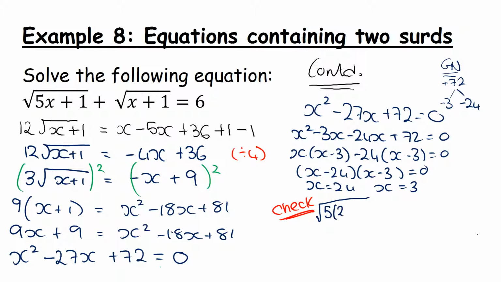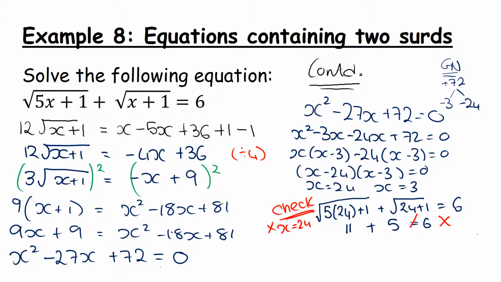So let's sub it in. 24 plus 1 plus the square root of 5 times 24 plus 1, and that should all equal 6. So what I end up with is actually 11 plus 5 equals 6, and that is not true, because that is not equal. So x equals 24 does not work.